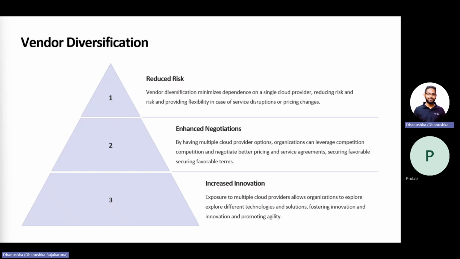So vendor diversification is a strategic necessity in today's dynamic business environments. It reduces risk, fosters innovation, and enhances bargaining power while ensuring operational resilience.